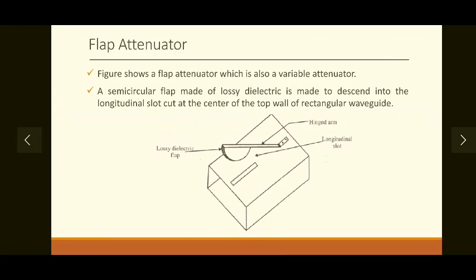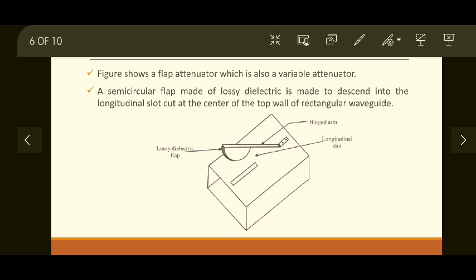Then there is another attenuator which is a variable attenuator. It is called a flap attenuator. This type we have seen in the initial diagram. A flap attenuator is also a variable attenuator, as can be seen from the diagram. To a rectangular waveguide is attached a flap which is made up of lossy dielectric. So this is a flap, made up of lossy dielectric, and it is made to descend into the longitudinal slot cut.